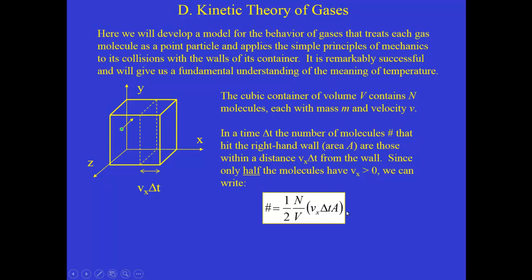In parentheses, we have the volume on the right-hand side, expressed as a fraction of the total volume of the container. So of the n molecules, half of them, and then the ones within this volume on the right-hand side, will strike the right-hand wall of the container in a time delta t. That's vx delta t times A, because that's the volume of that region.